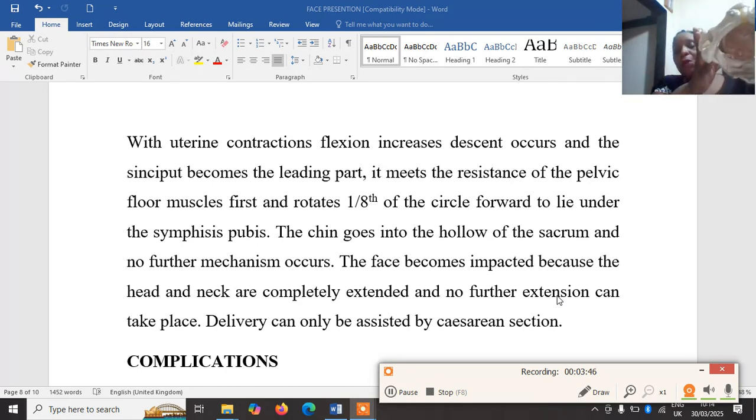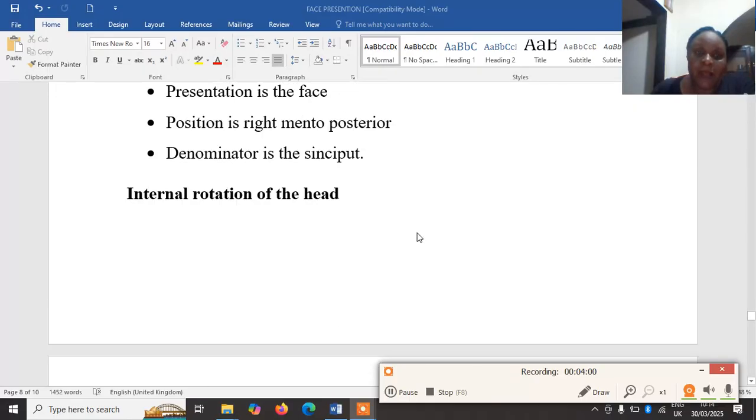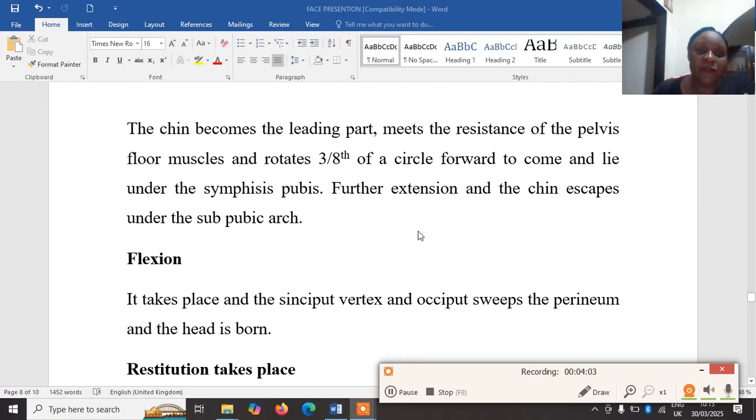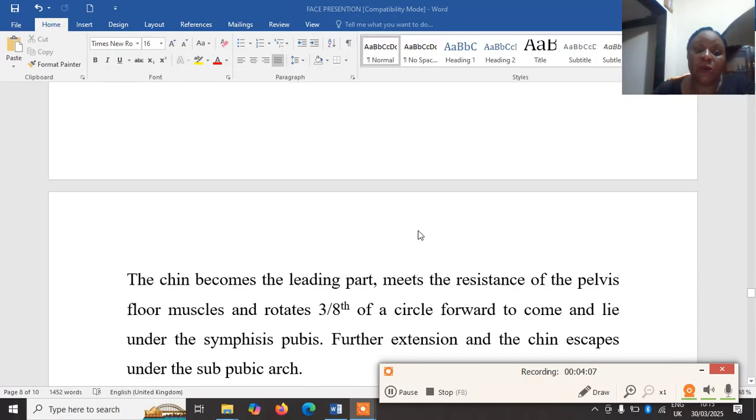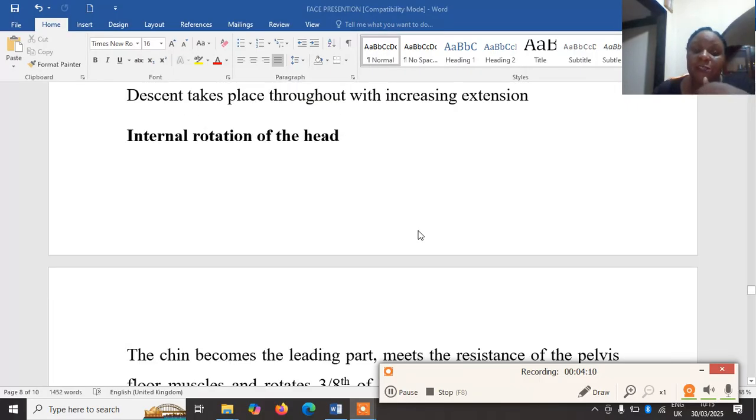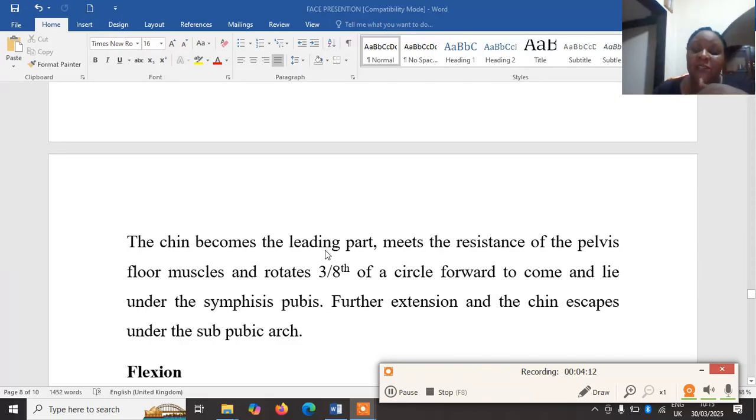So what we call persistent mentoposterior, when it happens, the head becomes trapped up into the pelvic cavity, which is different from the time when we have the mentoposterior position, whereby there is internal rotation of the head, and instead of the chin rotating an eighth, it can rotate 3/8 of a circle.